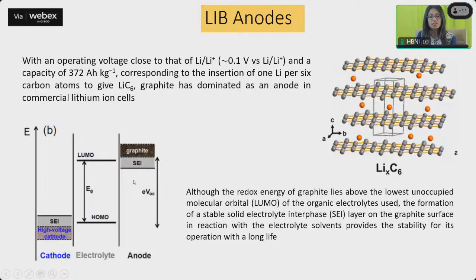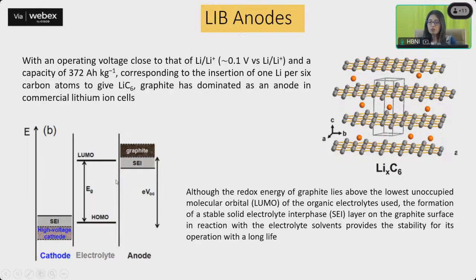So it will form this solid electrolyte interface. And SEI formation is very important, as I told you, because it passivates that anode, but it is not stopping your lithium ions from passing through it. What it is stopping is further disintegration of your electrolyte by reaction with the lithium in that anode material. So that is very important.